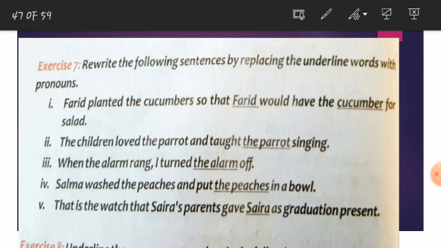As it is plural, we will use them for peaches. Number 5, that is the watch that Sarah's parents gave Sarah as a graduation present. That is the watch that Sarah's parents gave her as a graduation present. We will use the pronoun her instead of Sarah.